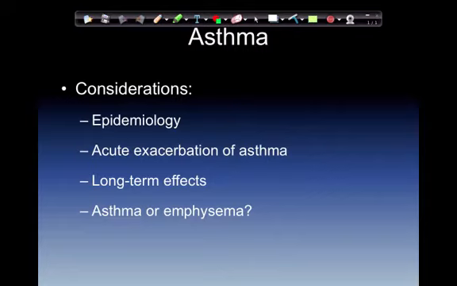Now, not always, not 100% of the time. And then permanency. In asthma, it's reversible. Even if they have status asthmaticus, the asthma attack or the bronchial constriction is reversible. In emphysema, you have permanent lung damage. So that's how we identify the differences between asthma and emphysema.